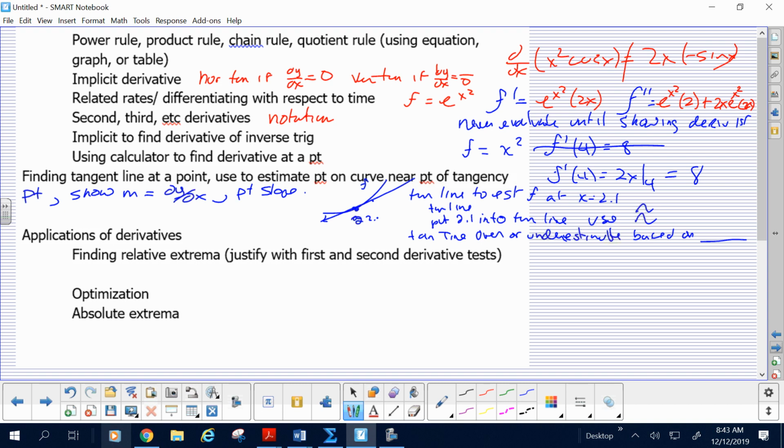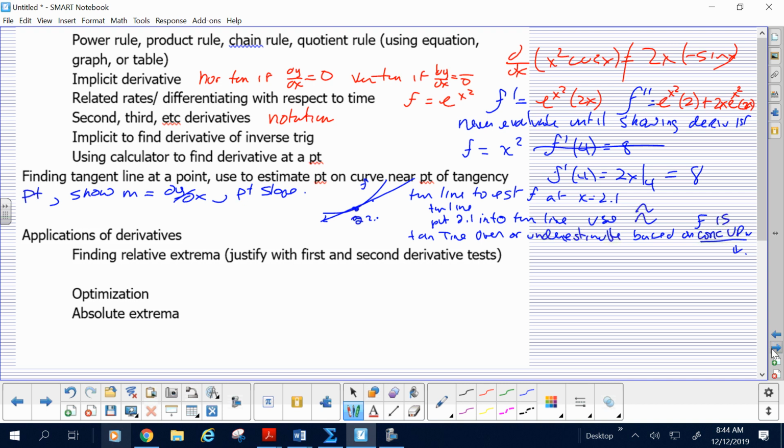I understand that, it's true, but that's for your understanding. As far as actual calculus to back it up, why does the tangent line lie under? Because the curve is concave up, because f is concave up. So to justify, if they ask whether this tangent line estimate is an over or underestimate, you have to get into the second derivative. You'd have to say the second derivative is positive on the whole interval, and therefore the tangent line is an underestimate. You follow? Okay.